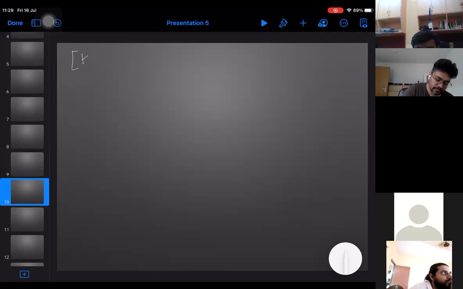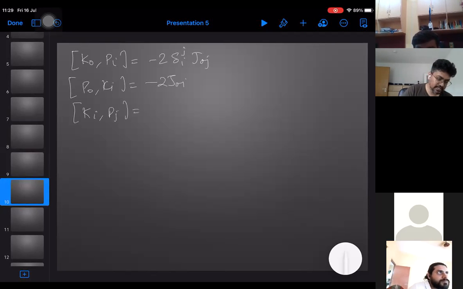And also your K naught with Pi is Ji J naught J. And your P naught with Ki is minus 2J naught I. So this part, as you can see, is the same as the part you have already seen in the conformal algebra. But in there you have the mu nu's, now you have just the ij's. And finally, the dilatation acting on them is given by this.